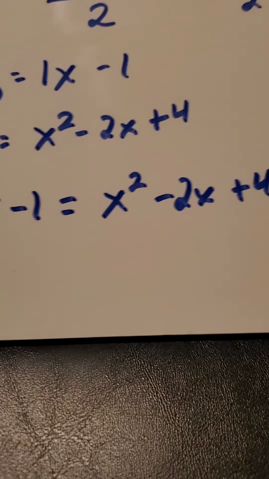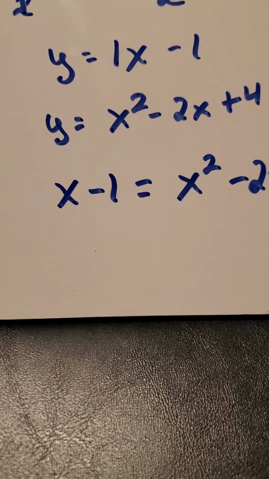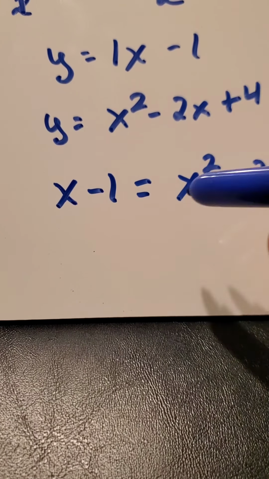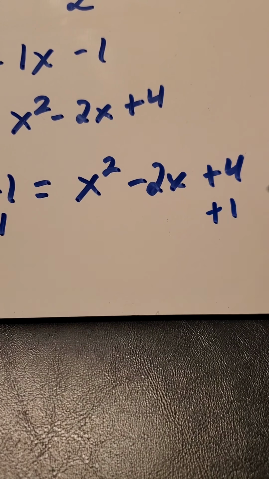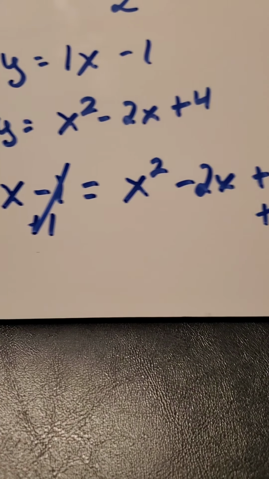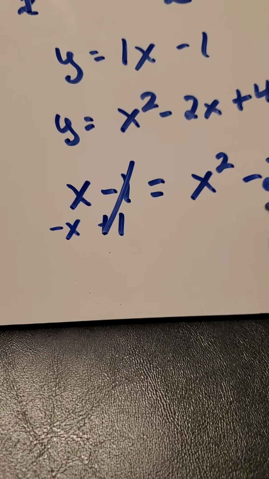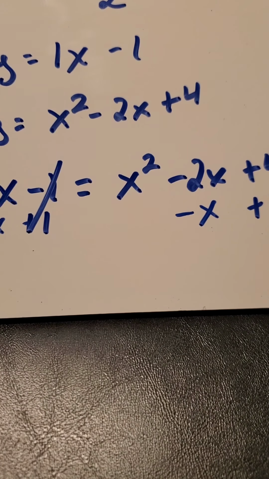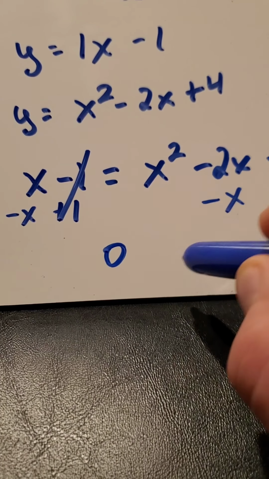Once we set them equal to each other, our first step is to get everything on one side. Again, I'm going to start by moving everything to the right. To do that, I'm going to add 1 to both sides of the equation, so I cancel over here. I also need to subtract x from both sides. When I finish, on the left side of my equation I get 0.